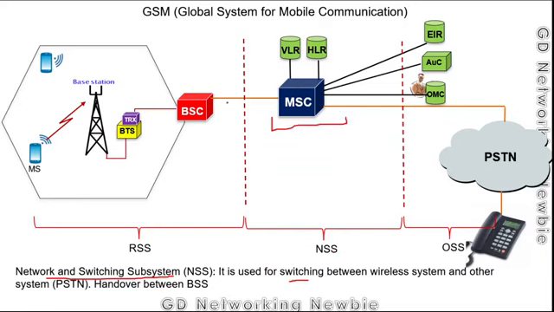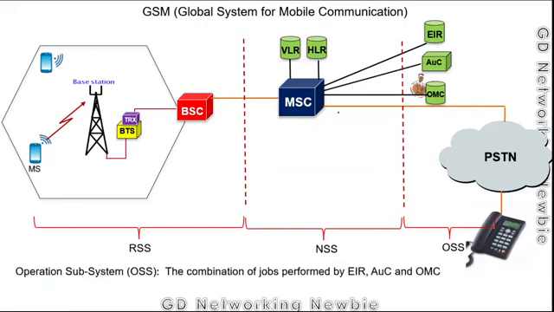It is used to connect our wireless part with maybe other wireless parts, and also with the wired part, which is the fixed network or landline numbers. And the last one is the operation subsystem, which is the combination of jobs performed by the equipment identity register, authentication center, and OMC, the operation and maintenance center. That is collectively known as the operation subsystem.